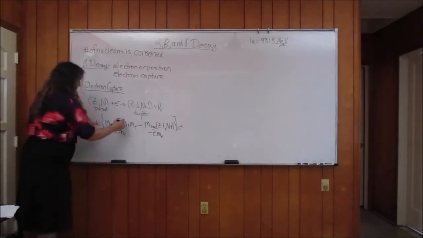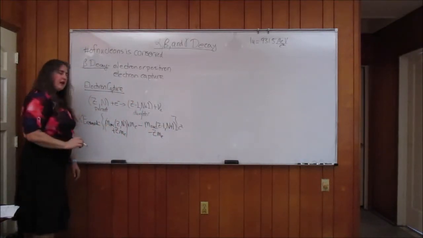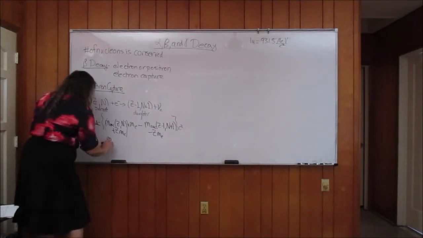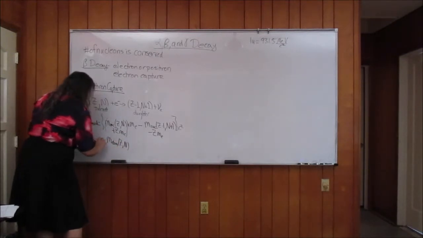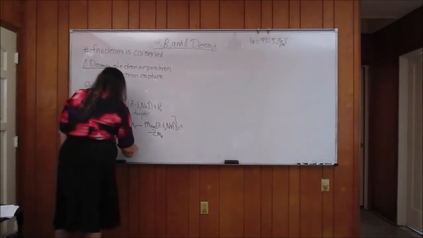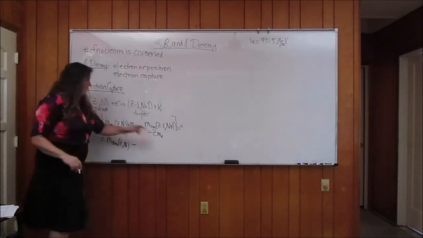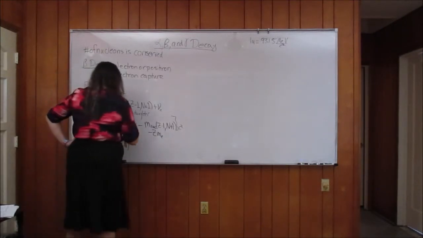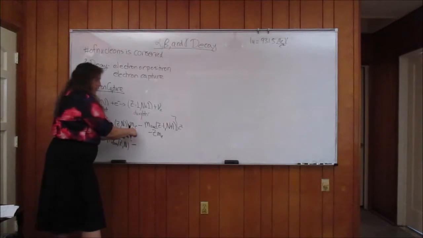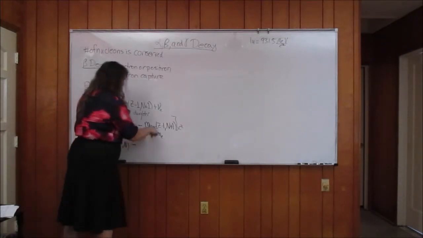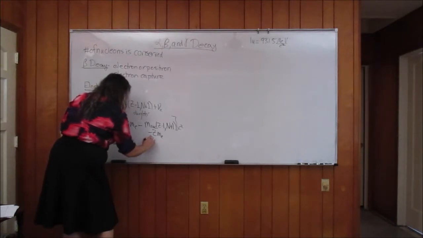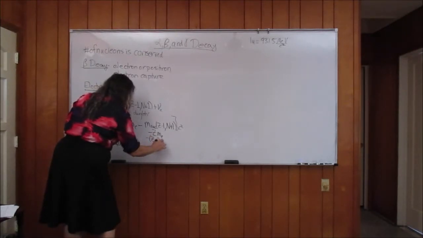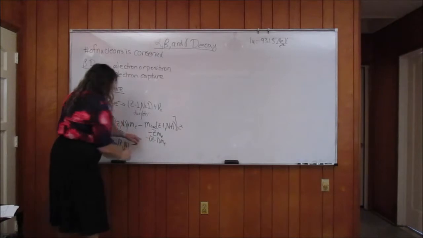In that way, these first two terms add up to the atomic mass of the parent nucleus, minus, now over here, I'm going to group this mass of electron with this term, so this basically becomes minus (Z minus 1) times m_e.